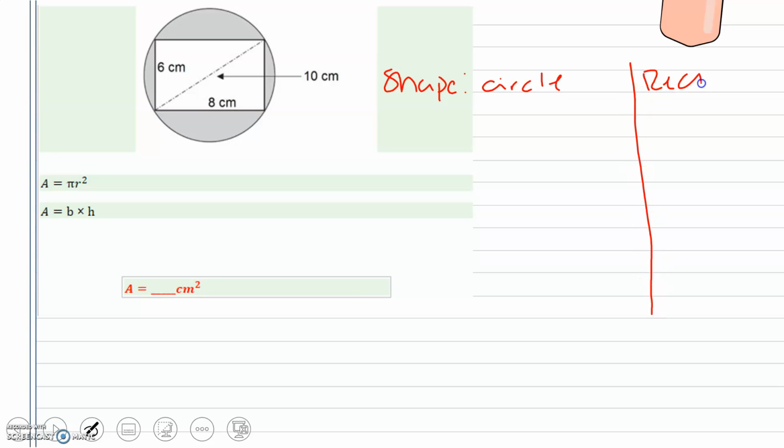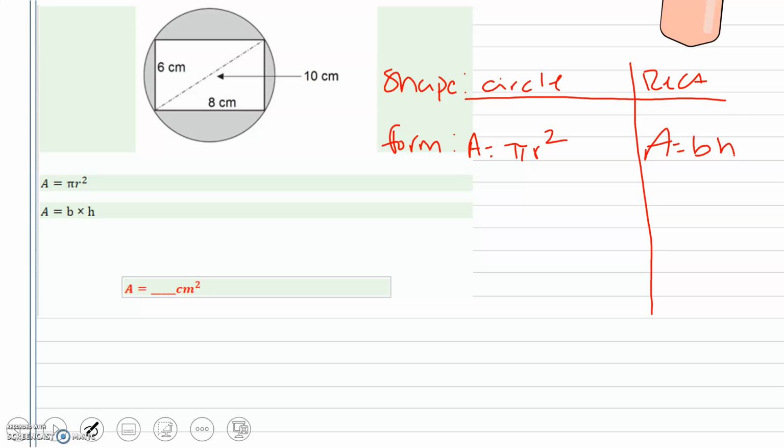I'm going to put rect for rectangle. Now the formula that we want to use will be area equals pi r squared. And for our rectangle, we know that's area equals base times height.